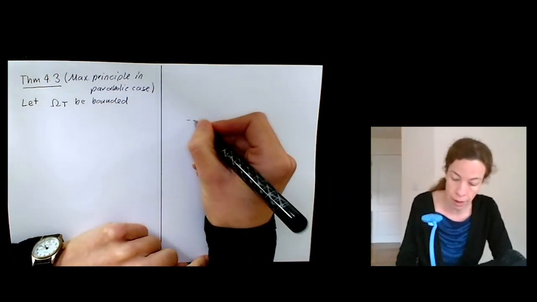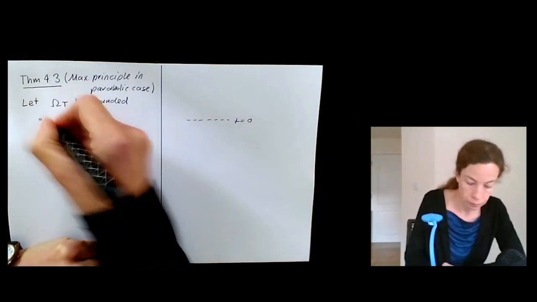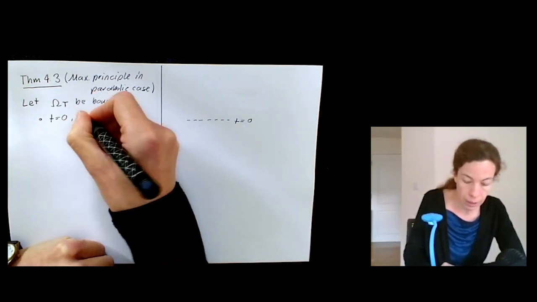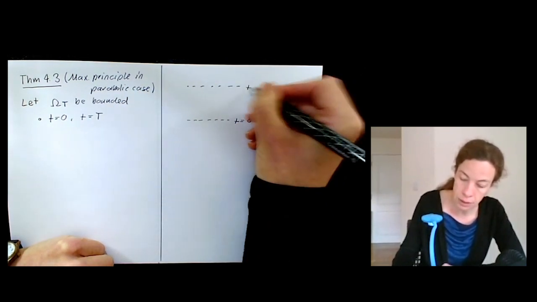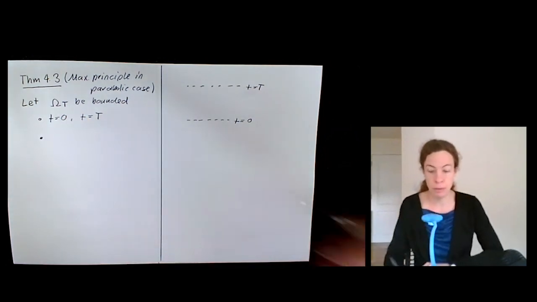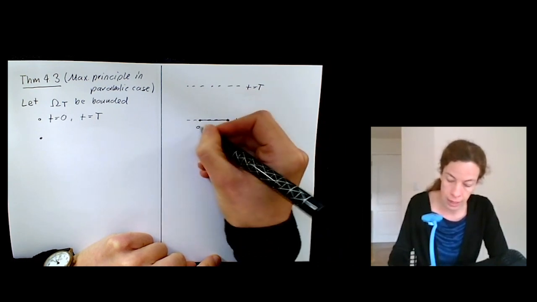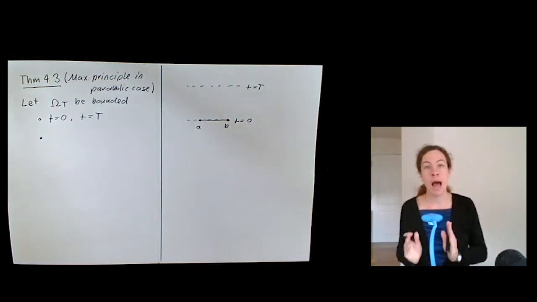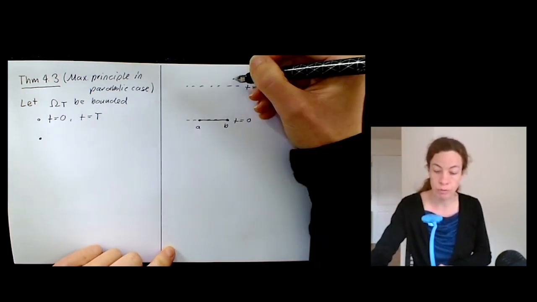First of all, I want it to be bounded by the curve t equals 0, then by a curve t equals capital T, which is the final time that I consider. And then I want it to be bounded by some further curves. Now I can either consider a fixed interval here, say AB, and then just ask that this is always the interval that I consider going forward in time. Then I get some straight curves here.